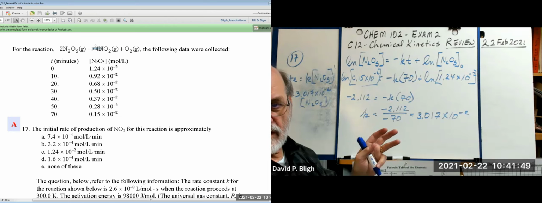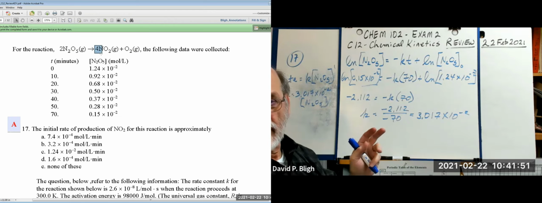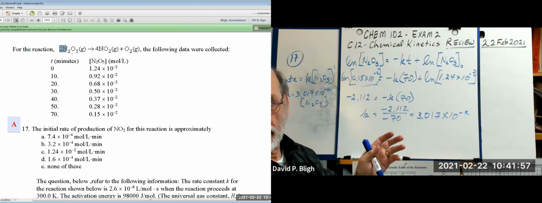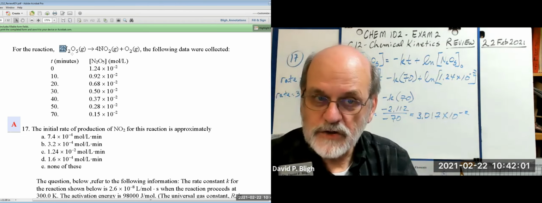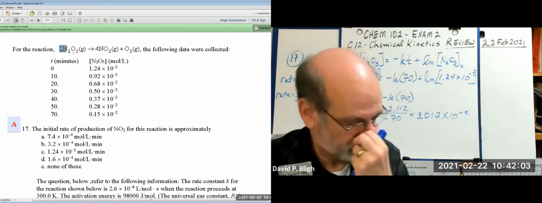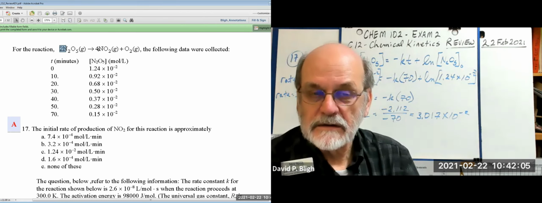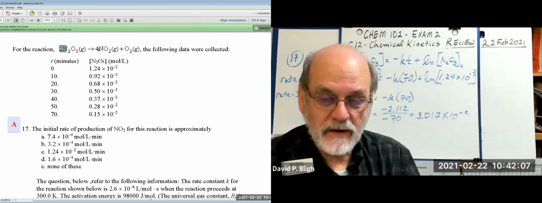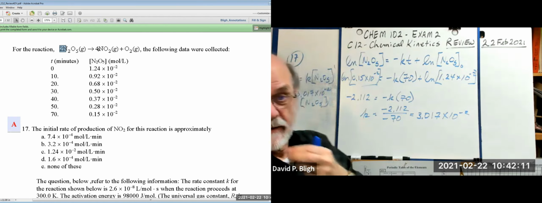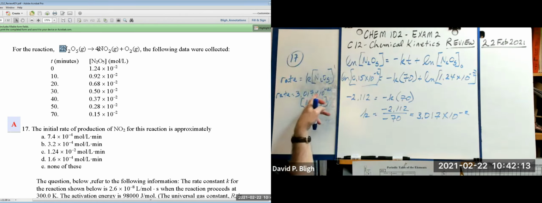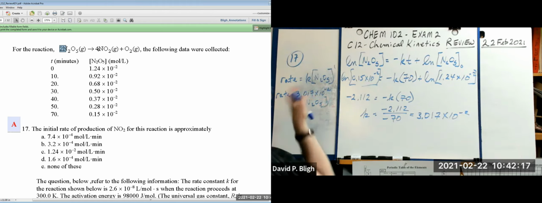There's your 4. There's your 2. The ratio is for every 2 N2O5s that disappear, 4 NO2s appear. The ratio is 2 to 1. So if the rate is this for the disappearance of N2O5, the rate of appearance would be double that.